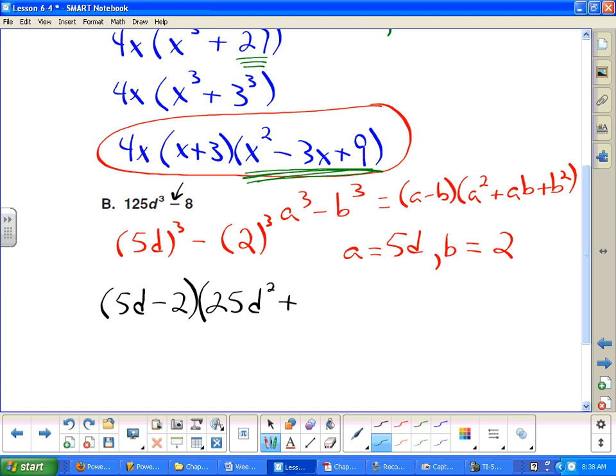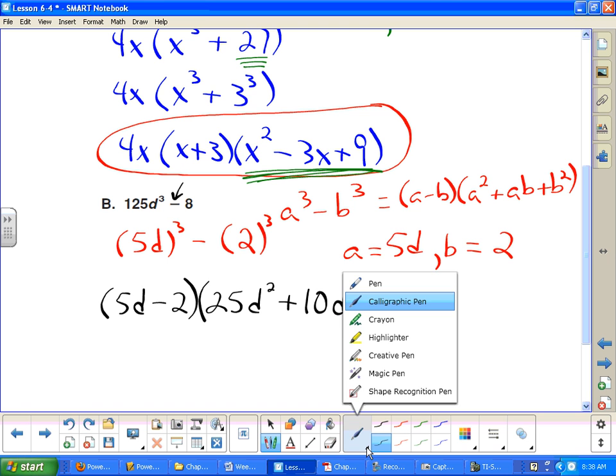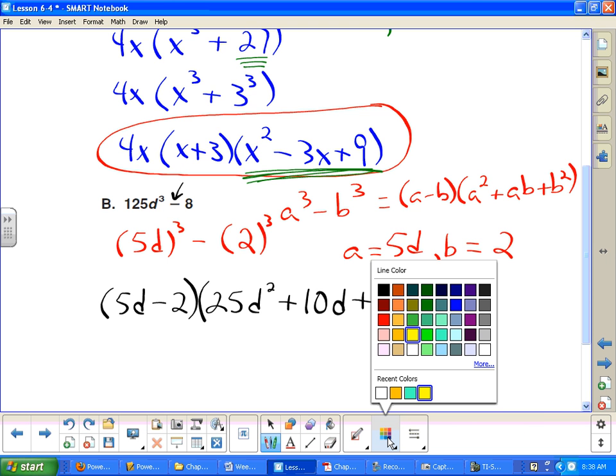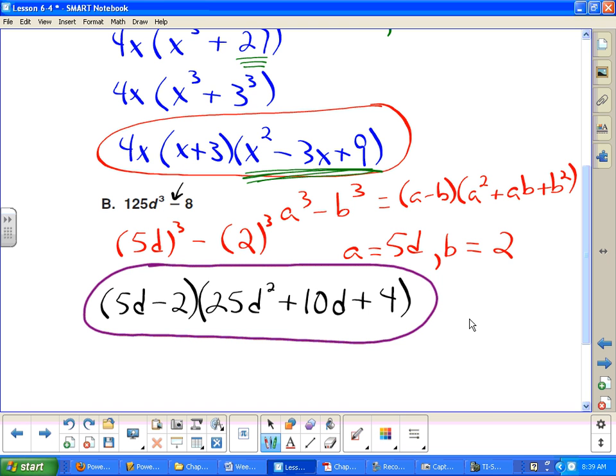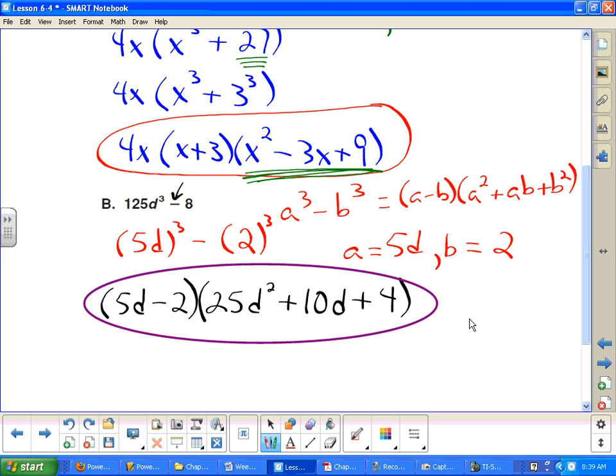And then it says there's a plus sign, and I multiply a and b together. 5d times 2 is 10d. Then I put a plus sign. And then it says to square b. So if we square 2, we get 4. So there's our answer.